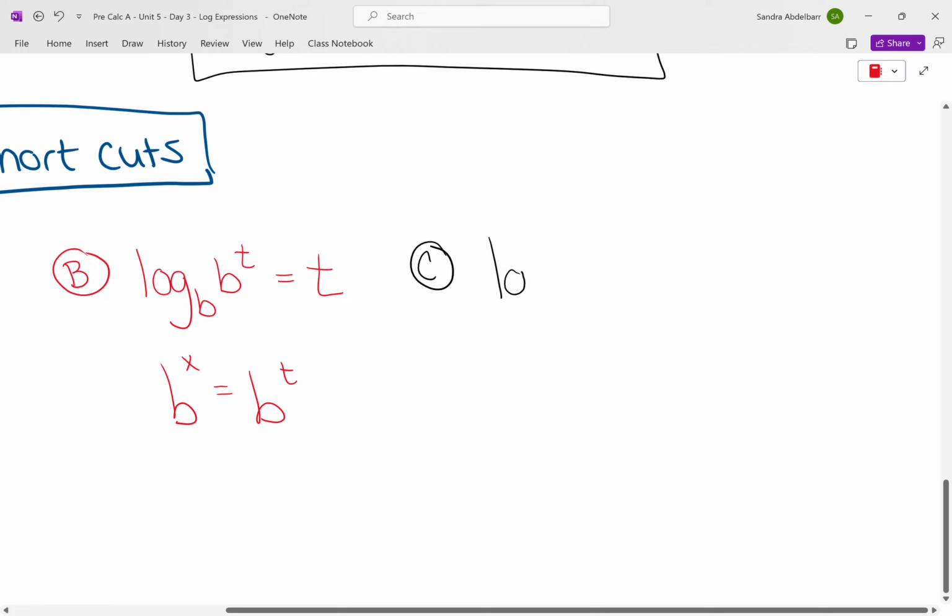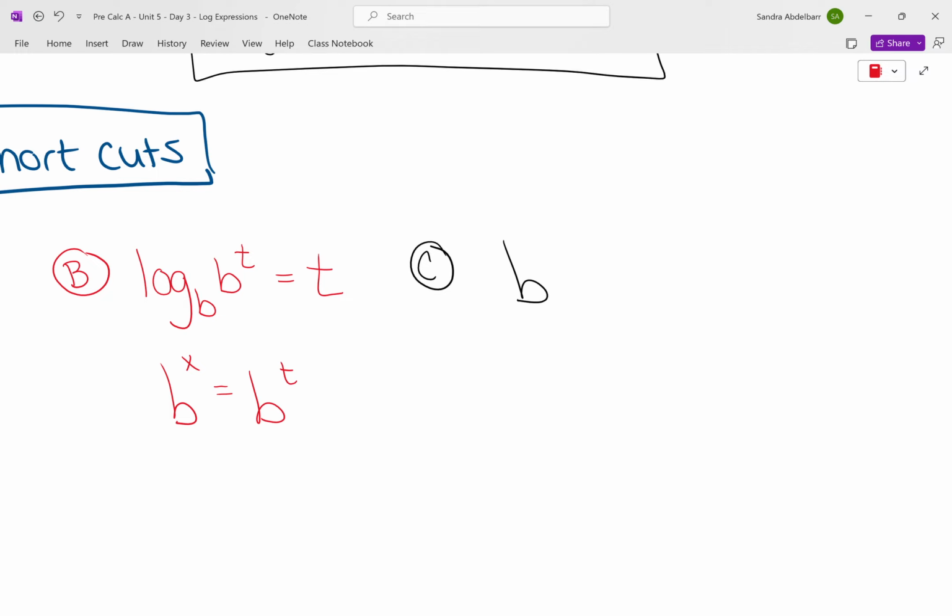Next one. b raised to the log base b of t will also be t. Let me explain why. I'm going to do this with a number because I think it will make more sense.